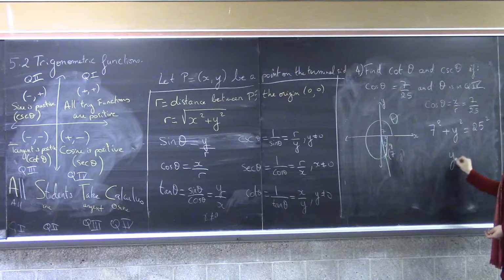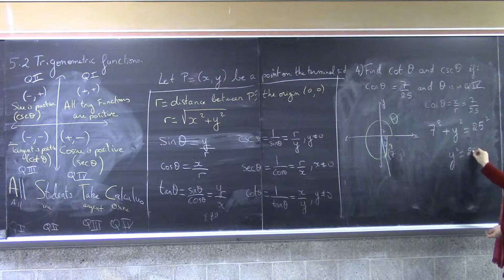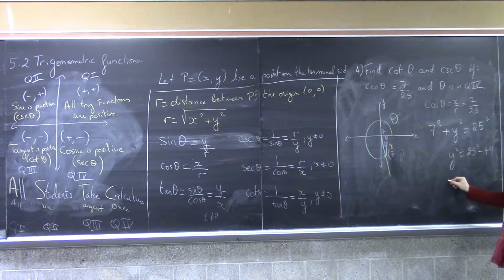So y squared will be 25 squared minus 49, right? 7 squared is 49. So y, and that's what we have to be careful about, will be plus or minus the square root of 25 squared minus 49, which, if you punch that in your calculator, is plus or minus 24.